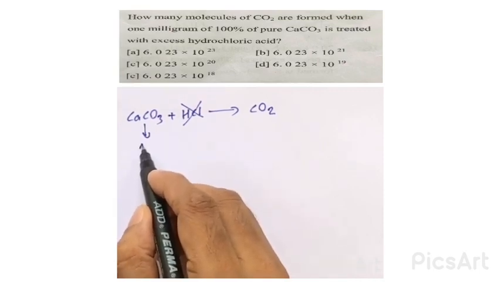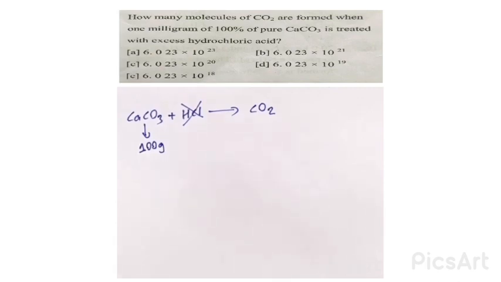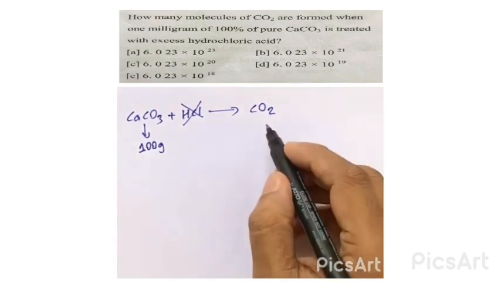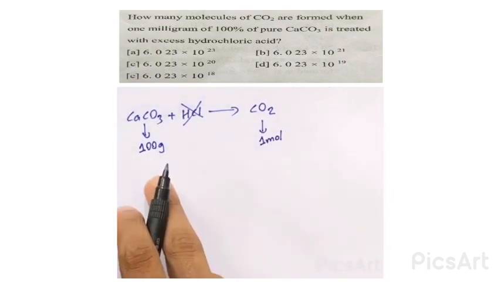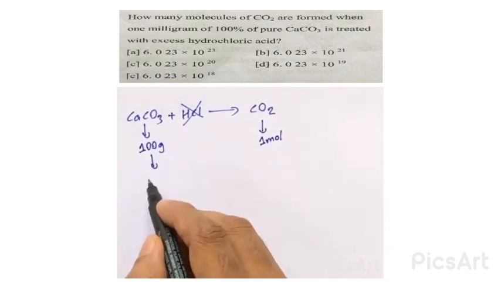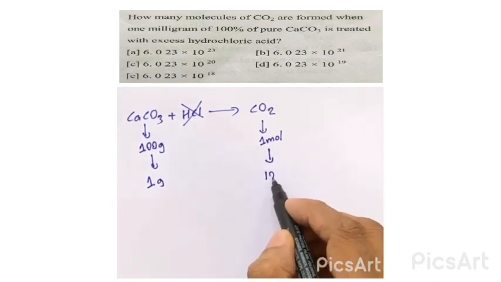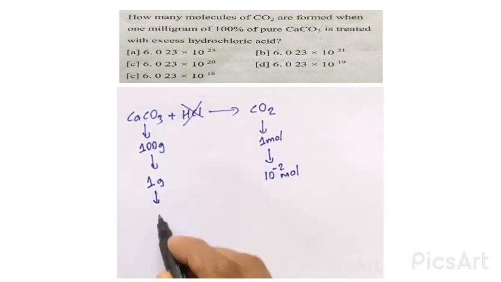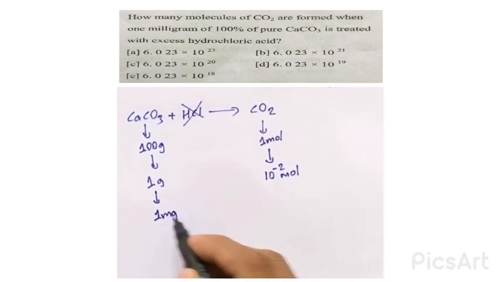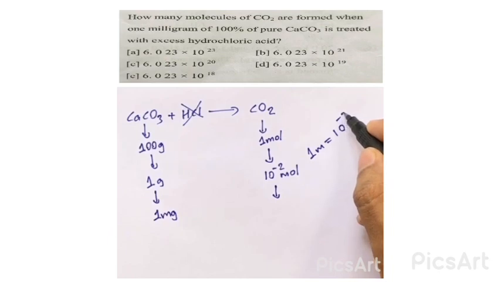Molar mass of CaCO3 is 100 gram. Then we will get 1 mole CO2. If it is 1 gram, it will be 10 raised to minus 2 mole. If it is 1 milligram, 1 milli means 10 raised to minus 3.